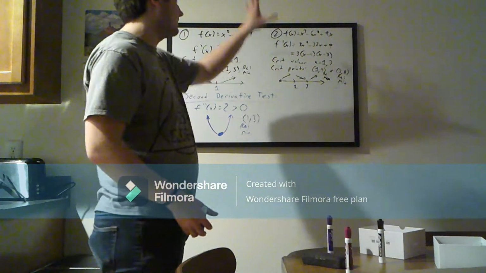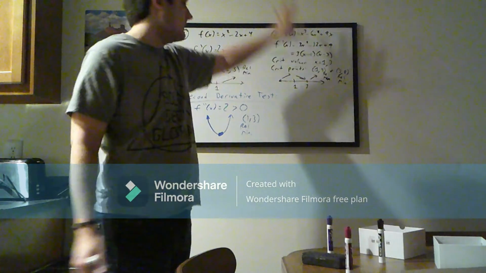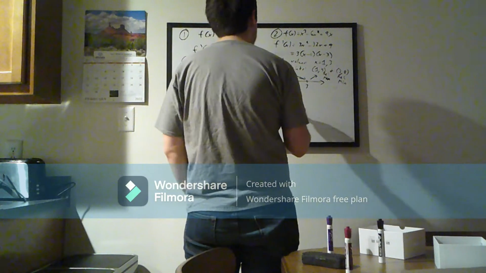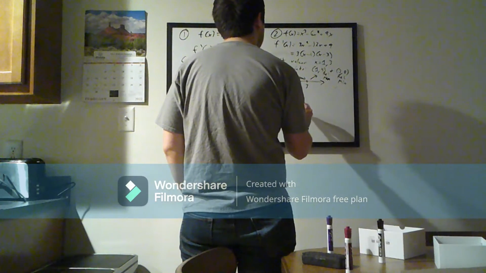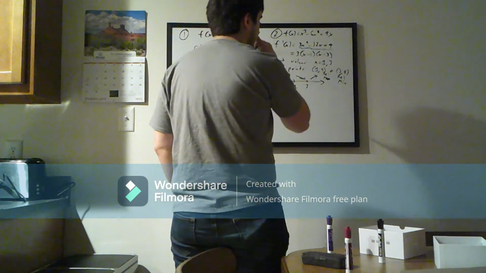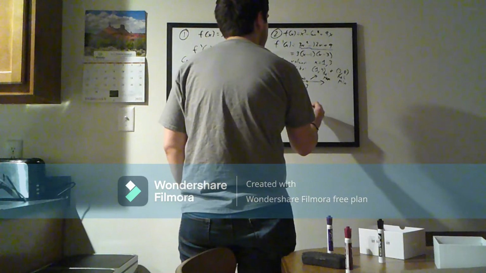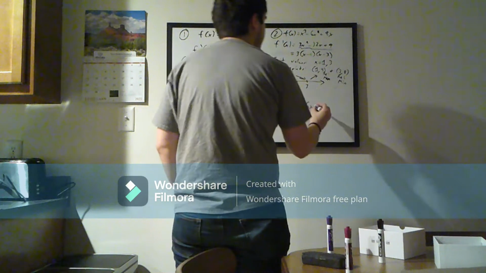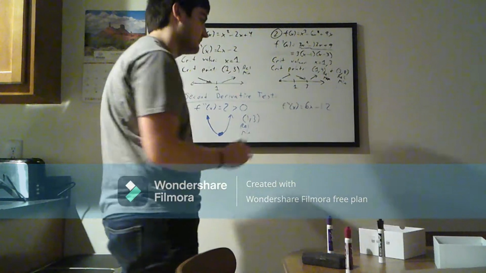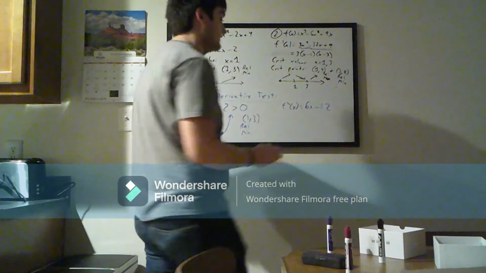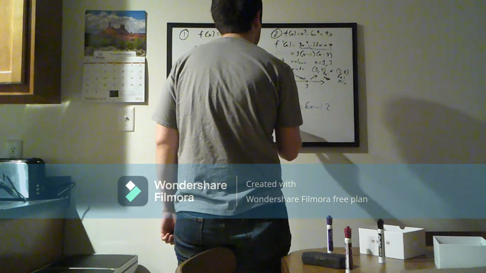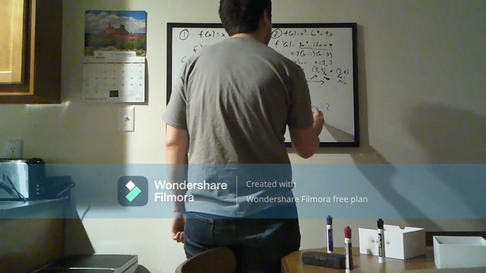To get a better example going, let's come over here to our cubic one. So f double prime in this case is going to be, let's use this equation here, the derivative of 3x squared is 6x, and the derivative of negative 12x is negative 12, and the derivative of 9 is 0. So we get 6x minus 12, right? So what happens when I plug in 1 and plug in 3?